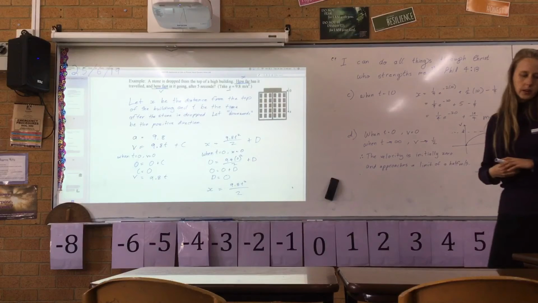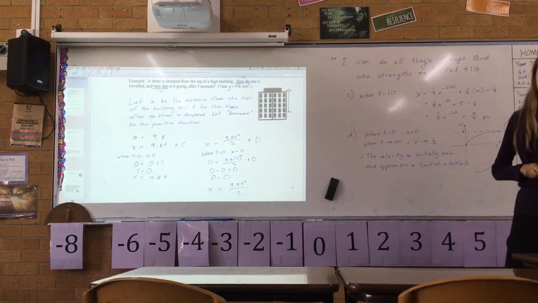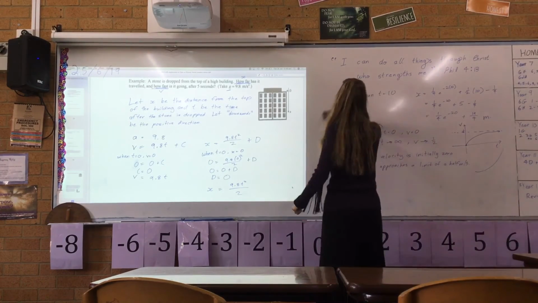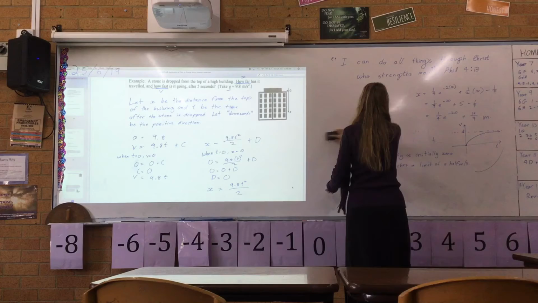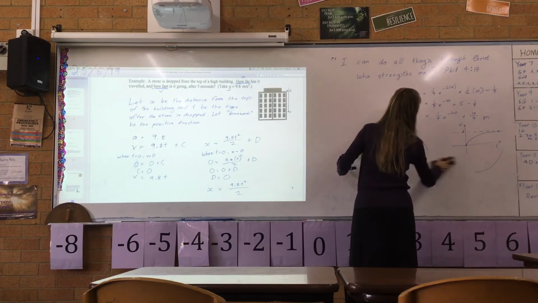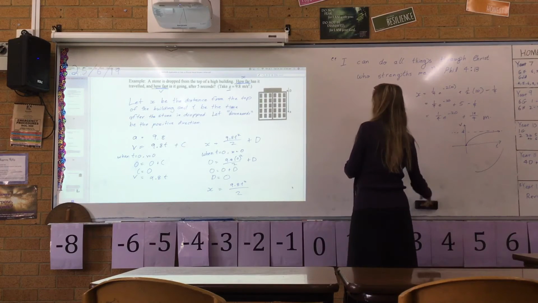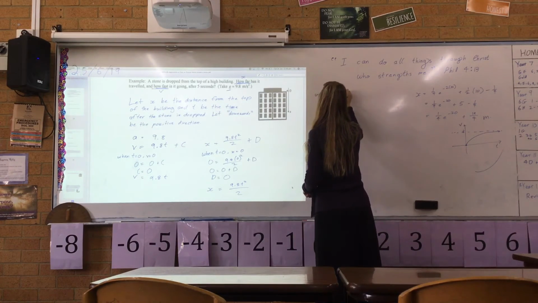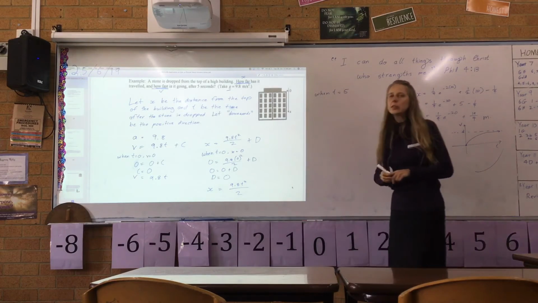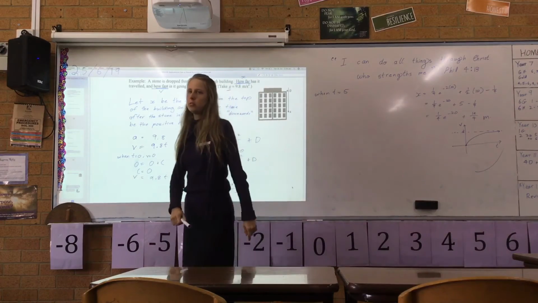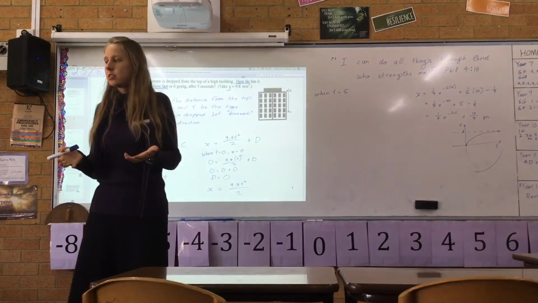All we have to do now is substitute 5 into this. When t equals 5, please remember, even if you can see that the constant is going to be 0, please show that.